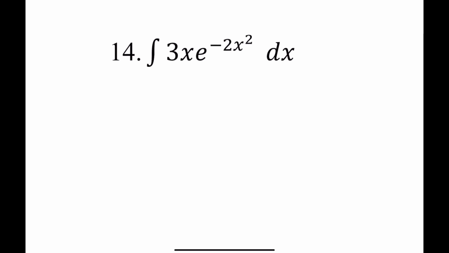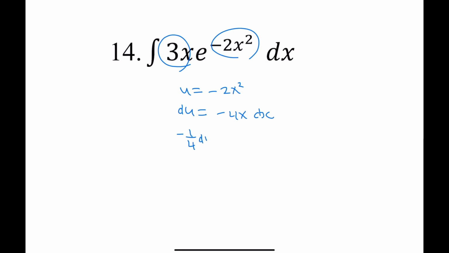Yep, and then number 14, our last one, we got the integral of 3x e to the negative 2x squared dx. So we can say u equals negative 2x squared, right? This is going to be our inside function. du equals negative 4x dx, right? And then we have a 3x right here, so let's try to divide everything by negative 4. So negative 1/4 du equals x dx. Negative 1/4, and then we also have a 3, right?